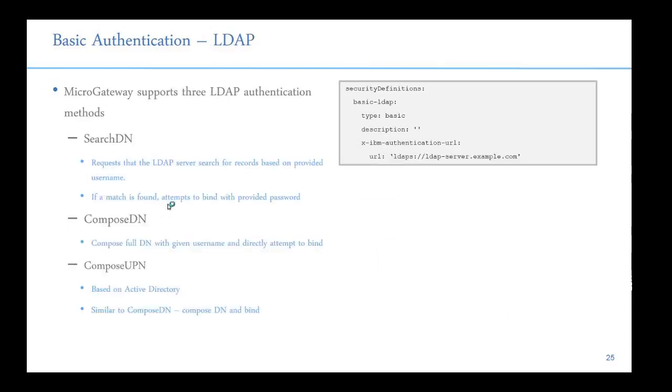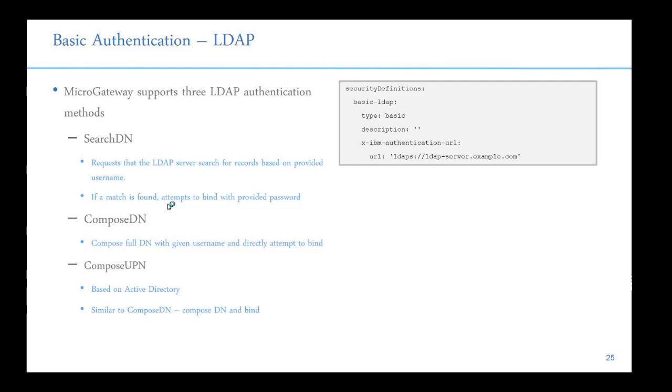So moving forward into LDAP, when doing LDAP authentication, we have several different methods. Just as a little bit of background on LDAP itself, it's basically a directory database that allows user records to be identified with distinguished names, which is the unique name for a particular record.